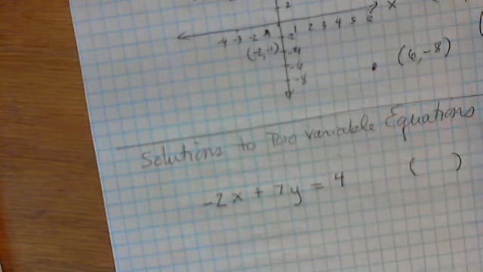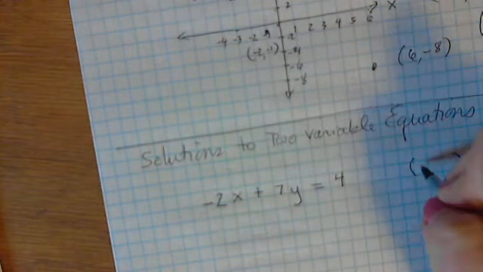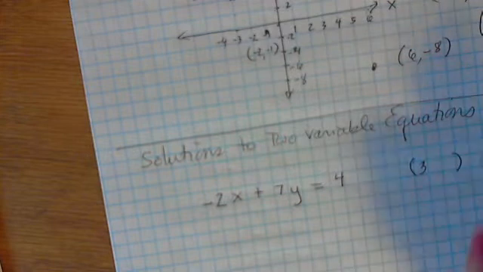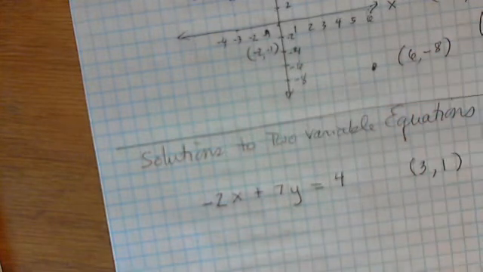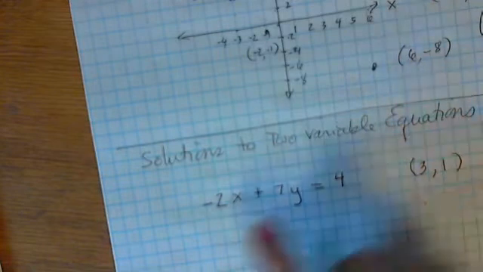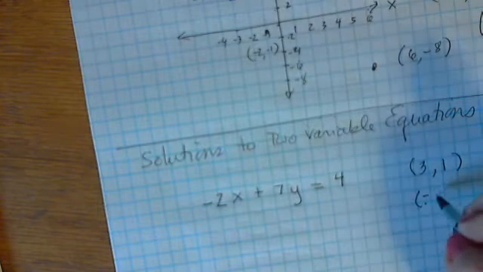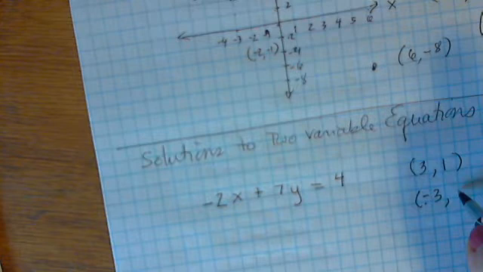Let's try, how about (3, 1) for the first attempt, and then use that same equation again and try the point (negative 3, 5).